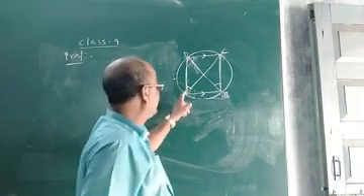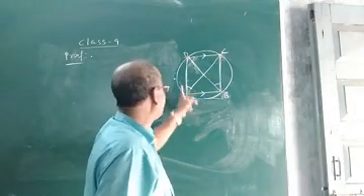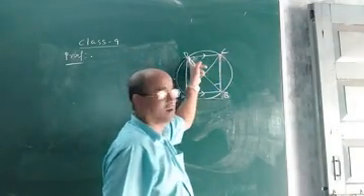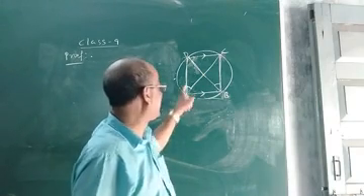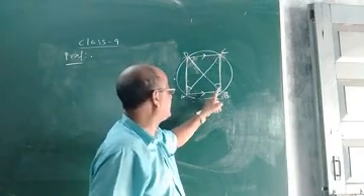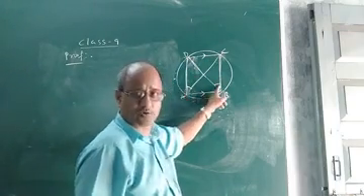Angle DAC is present in triangle ADC, and angle CBD is present in triangle BCD. They are corresponding angles, no doubt.